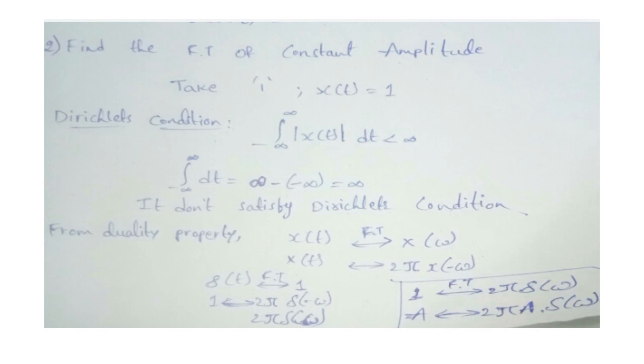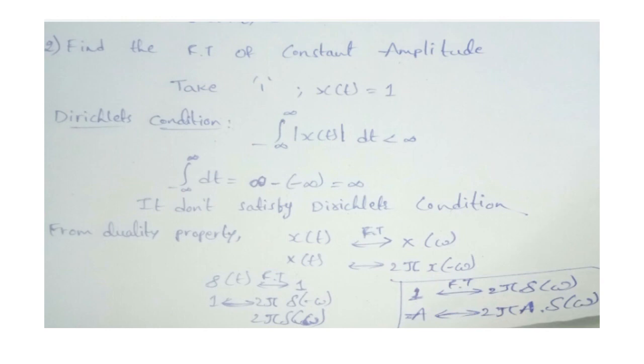The integral of 1 into dt is infinity minus minus infinity, which is infinity. It doesn't satisfy Dirichlet's condition, so it fails. You cannot write it directly as a Fourier transform.